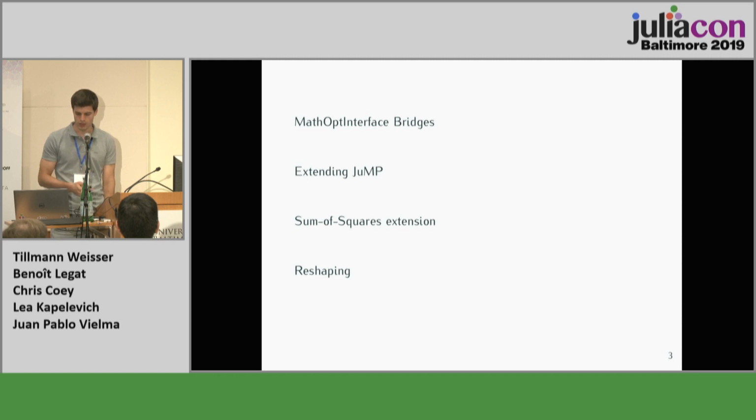This will illustrate this with sum of squares, but you can imagine doing this for many other situations. And then we see that we can also extend JuMP. So in addition to being able to expose more things to the solver, you are also able to extend JuMP, which allows the user to have a very nice interface to give this new structure.